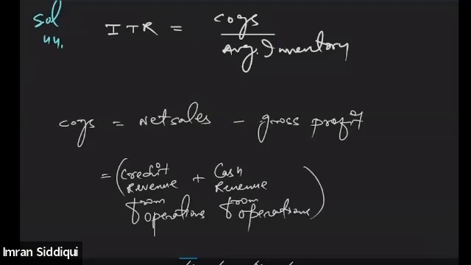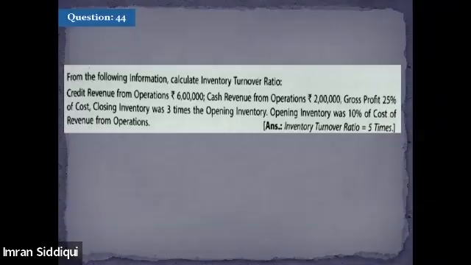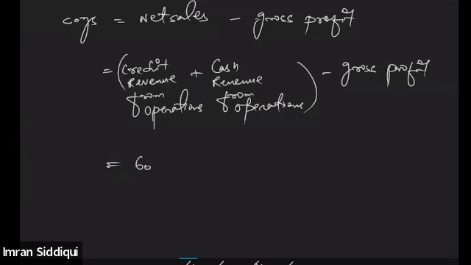This will give us the value of the net sales and then we'll subtract the gross profit. This will give us the value of the COGS. Credit revenue is given in the question as 6 lakh. Cash revenue is given as 2 lakhs.